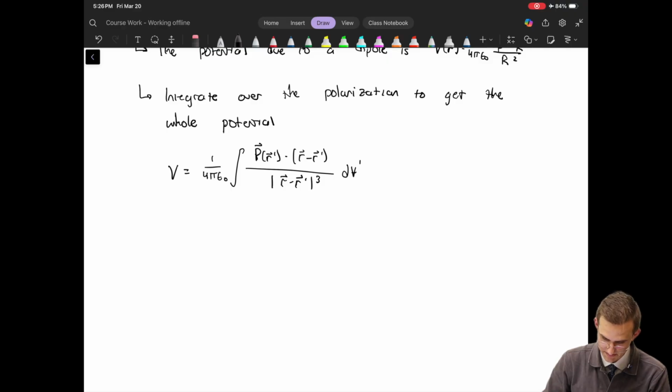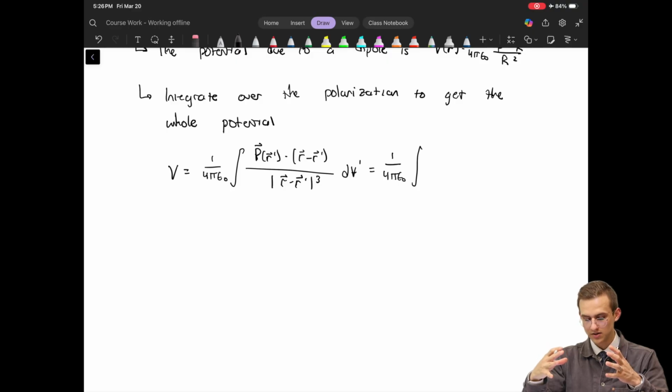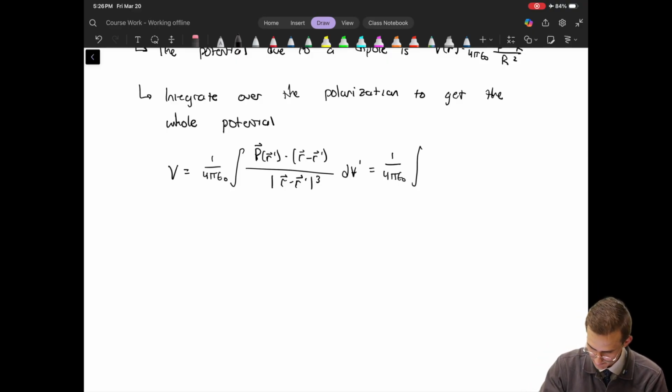Now I'm going to do something fancy. I'm going to replace this, and I'll let you check me on this, but you can take my word for it. That R minus R prime over the magnitude of R minus R prime cubed is equal to the gradient of 1 over the magnitude of R minus R prime.